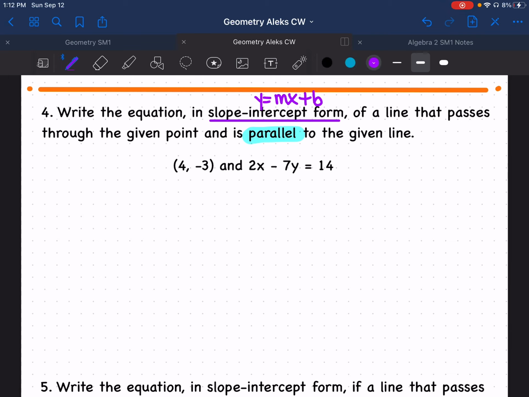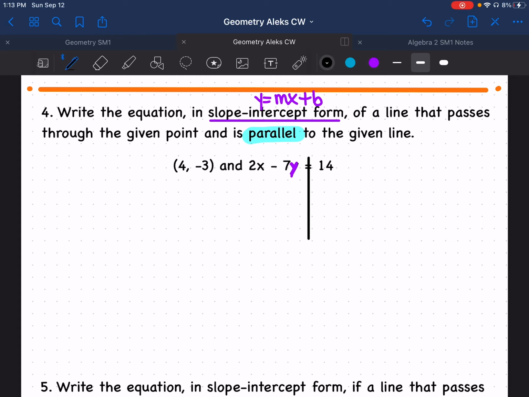Now, notice that the line that you are given is not in slope-intercept form. So the first thing we need to do is put it in slope-intercept form. So I'm going to take this line and I need to solve for the variable y, because that's how I get y equals mx plus b.